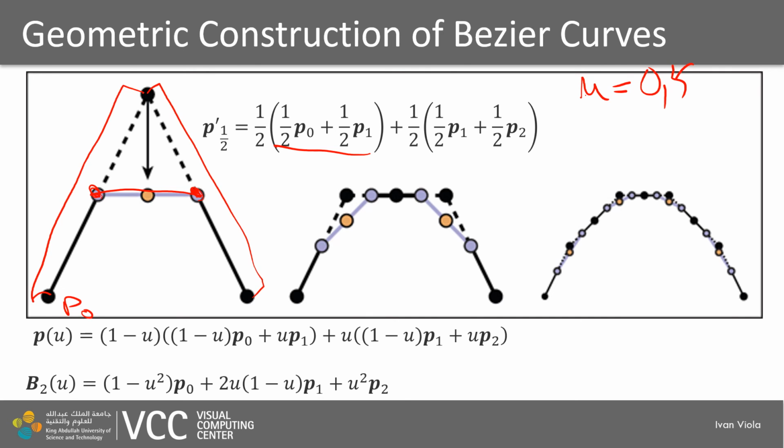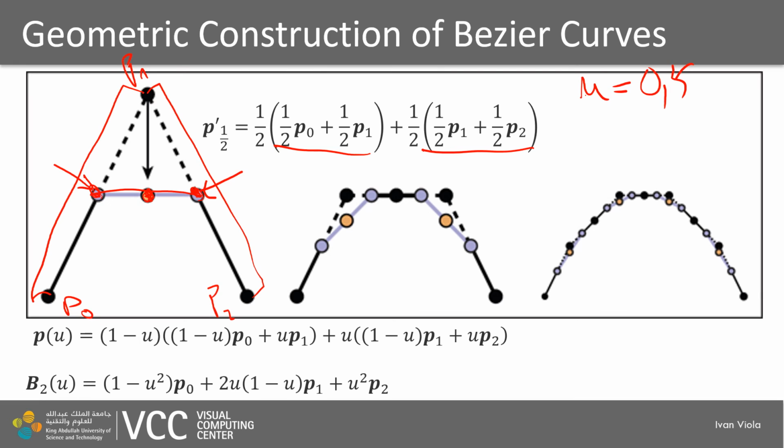So this will be P0, this will be P1, this will be P2. 1/2 of P0 plus 1/2 of P1 will be this point. And analogously, 1/2 of P1 and 1/2 of P2 will be this point. And if from these points we take the half again, we will come up with this point.